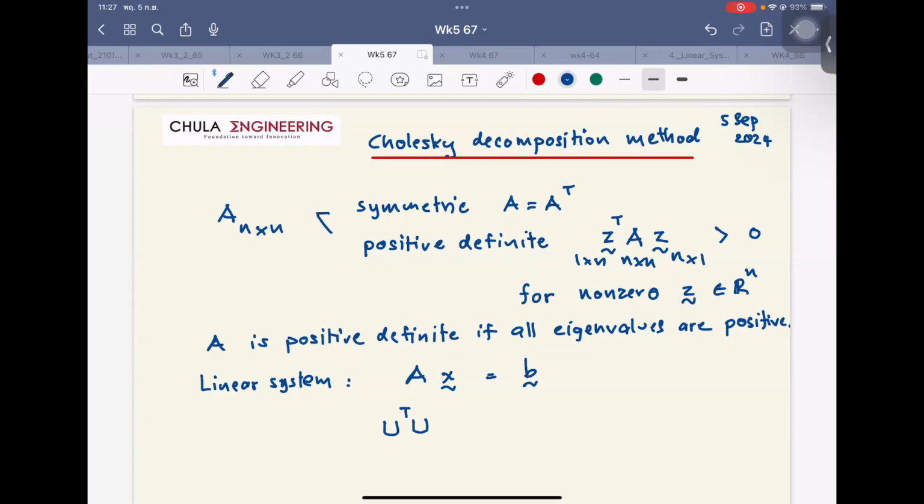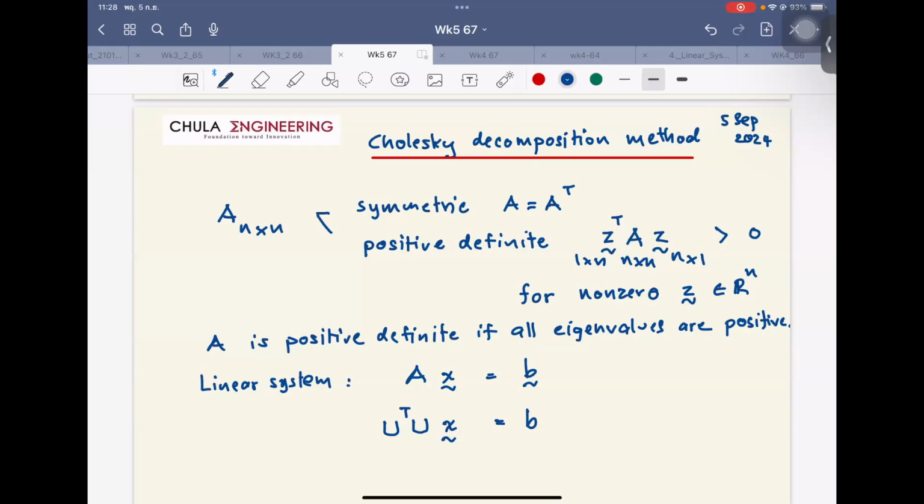And we can prove that the lower triangular matrix is the upper triangular matrix U transpose. I'm going to make use of this implication. So let's say that we perform the decomposition.